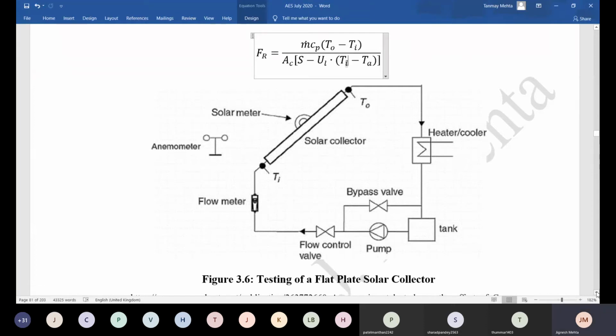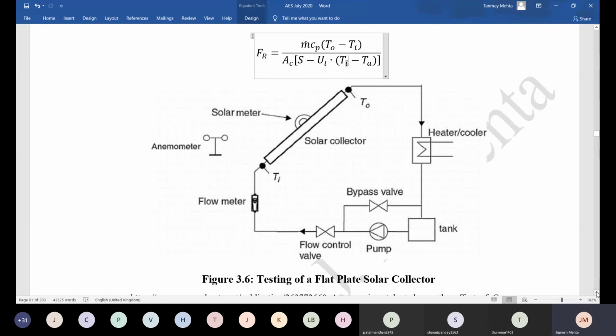Okay. So this solar meter basically would be required to get the input energy, right? So whatever irradiance is measured in watt per meter square, multiplied by the collector area in meter square, would give you the rate at which the solar energy is falling on the collector.